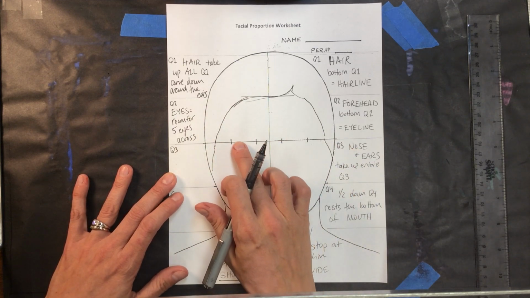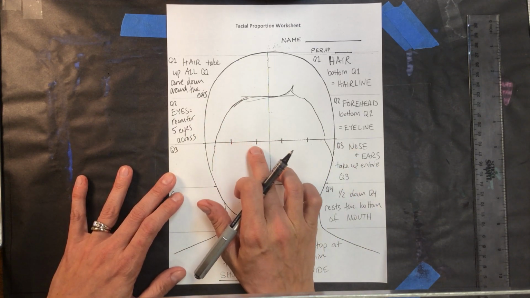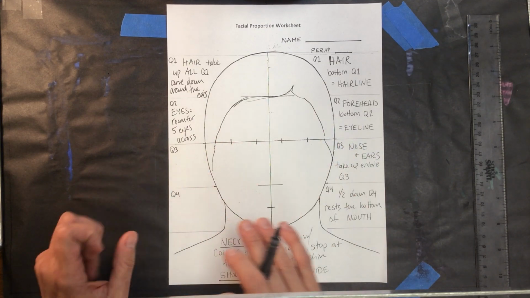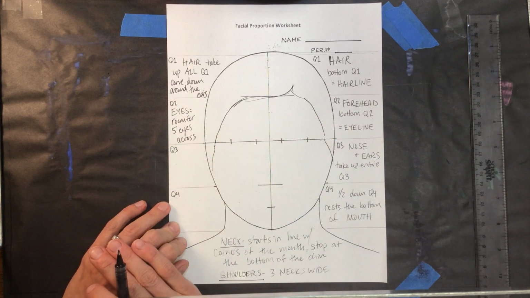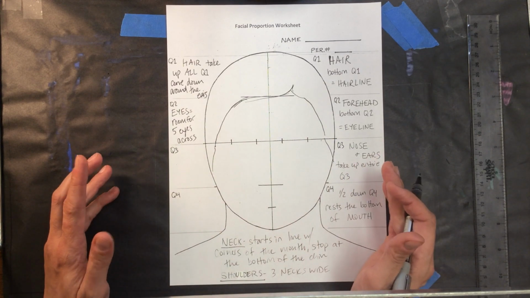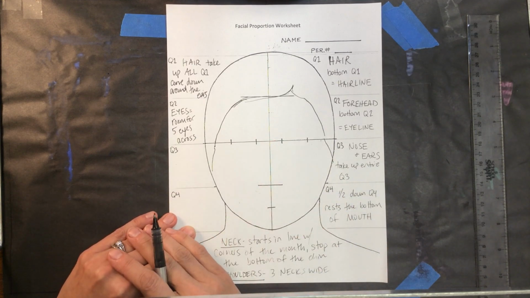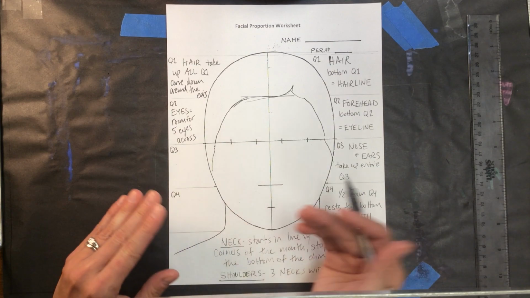Of course, it's not enough to just get the width of the eyes right if the space in between them isn't right with everything else. So we're actually going to use that eye as a sort of measuring tool. What do I mean by that? Well, the next feature that we're going to talk about is the nose. Guess how wide the nose is?